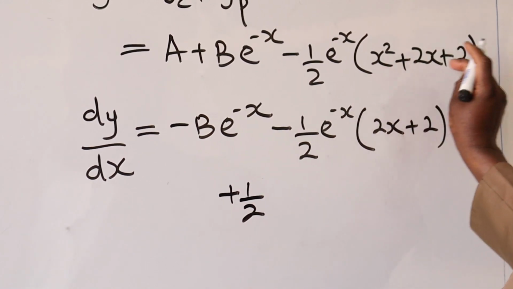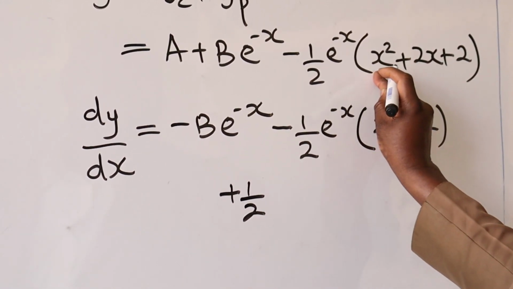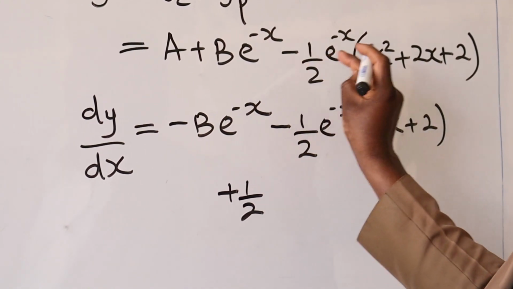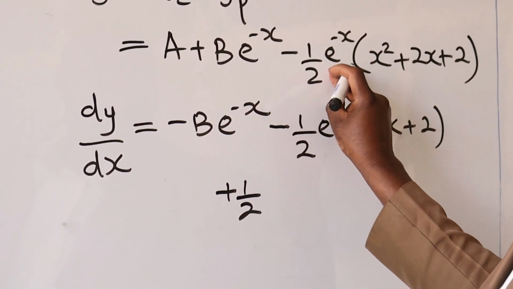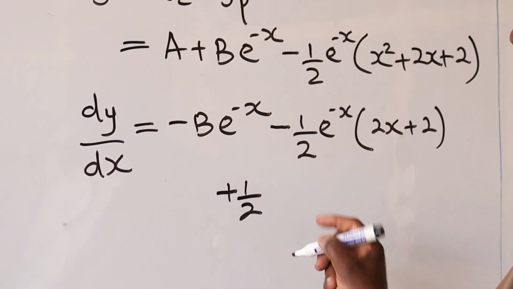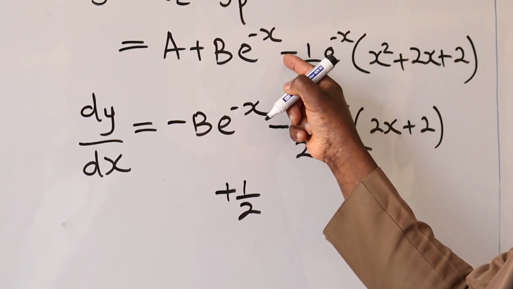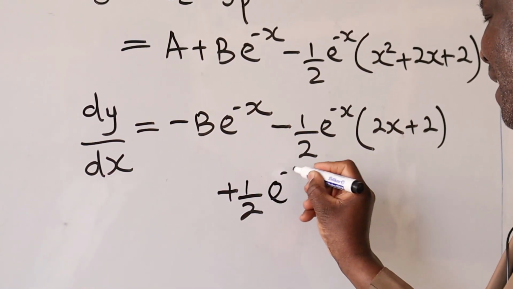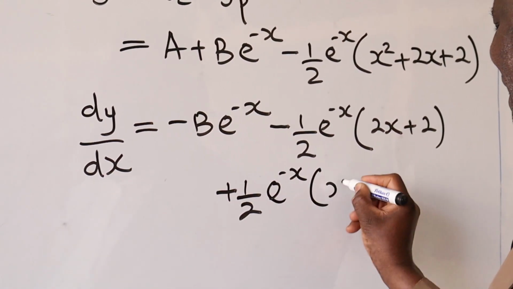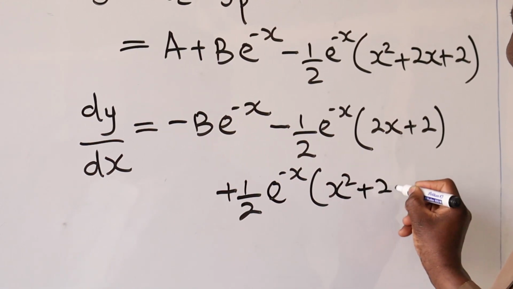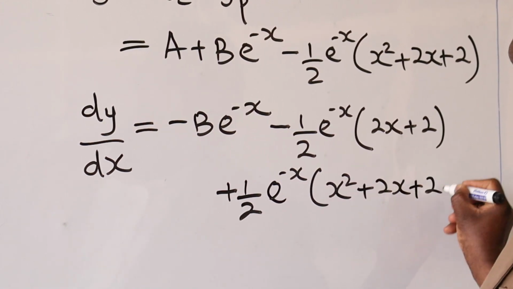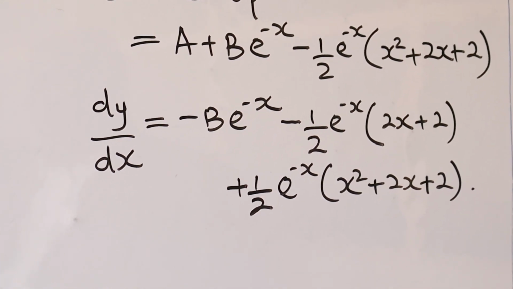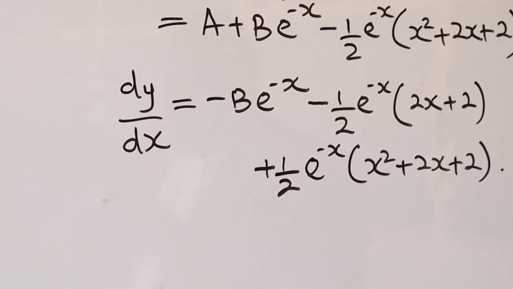First we differentiated what is inside the bracket. Now we are keeping what is inside the bracket constant and we differentiate what is outside here. That's the exponential negative x, which gives us negative, which comes forward to meet a negative. It is a half positive, then exponential negative x into x squared plus 2x plus 2.